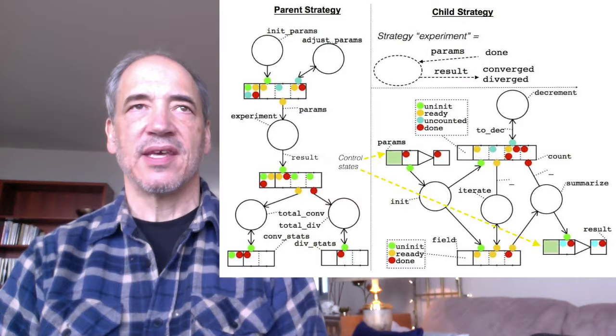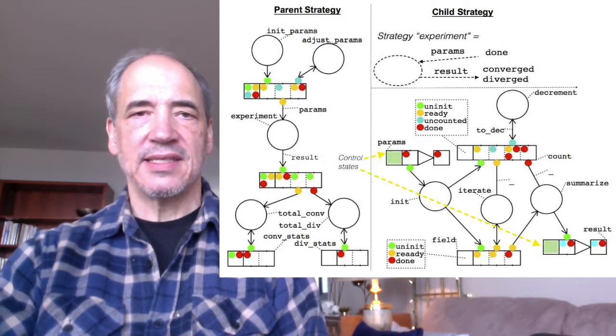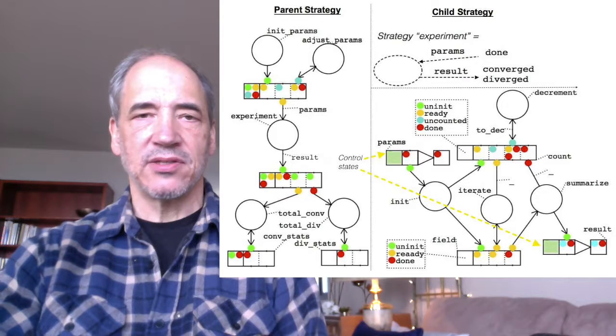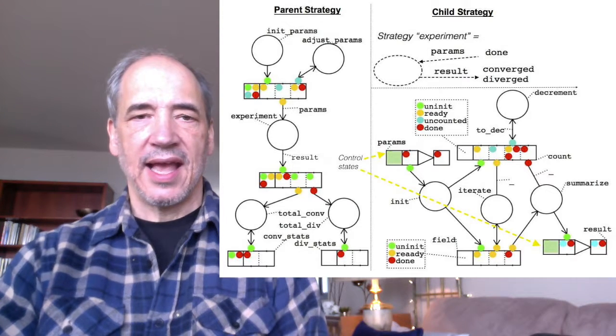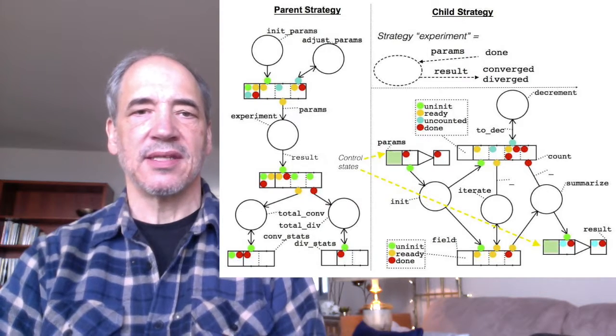So again, if we think about control states as colored tokens, that colored token is taken away from the resource in the parent, and a green token is placed on the formal resource in the child. The exact circumstances under which that happens are a little bit beyond the context of this talk, but they're very flexible.